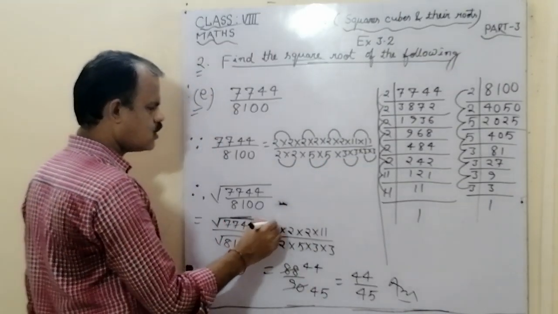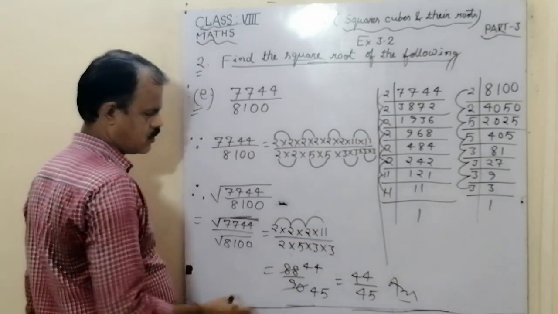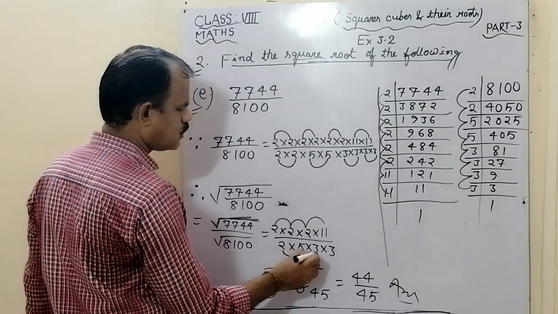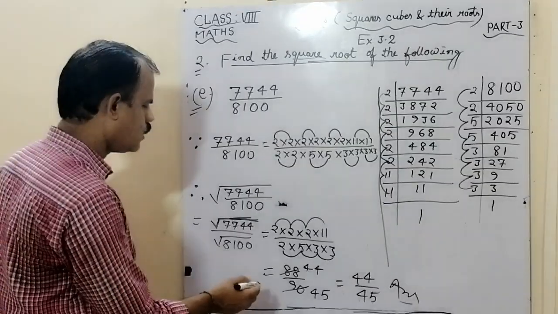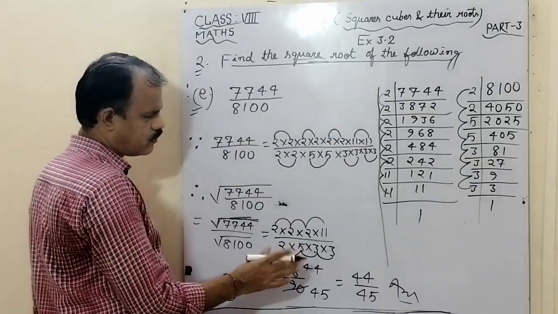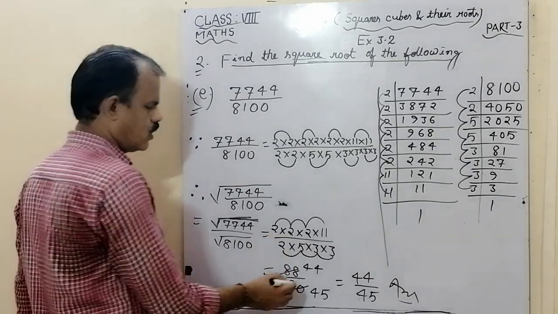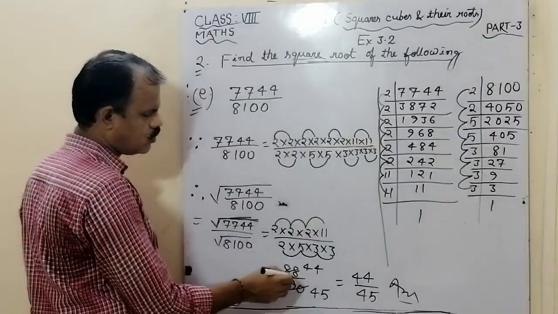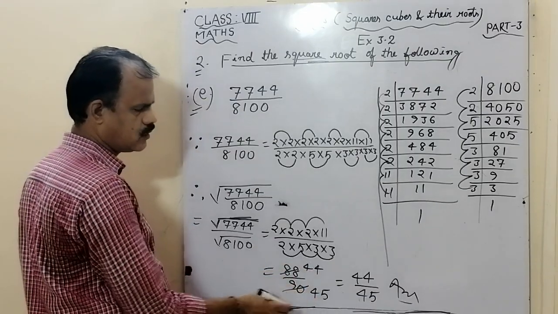So multiplying this, 2 twos are 4, 4 twos are 8, 8 elevens are 88. 2 into 5, 10, 10 threes are 30, 30 threes are 90. So finally, after multiplying, the product is 88 by 90. We have to cut this by 2, 2 fours are 88, 2 forty-fives are 90.